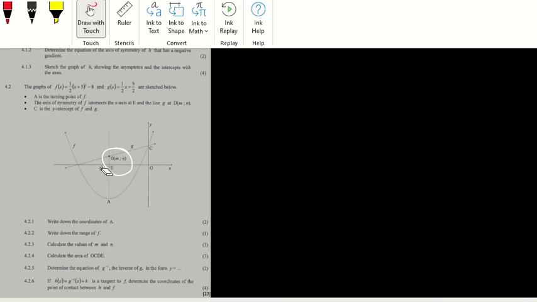Calculate the values of m and n. These m and n values are not the y-intercept. I mean, these are not on the y-axis, so I cannot conclude that this is the y-intercept. Let's focus on something here. I've just noticed something.